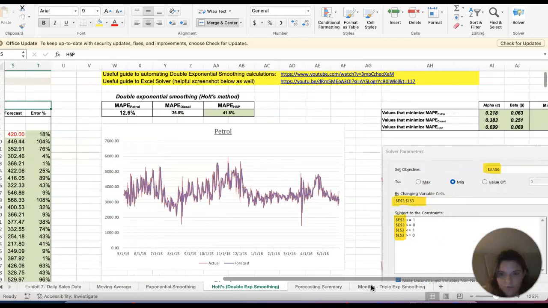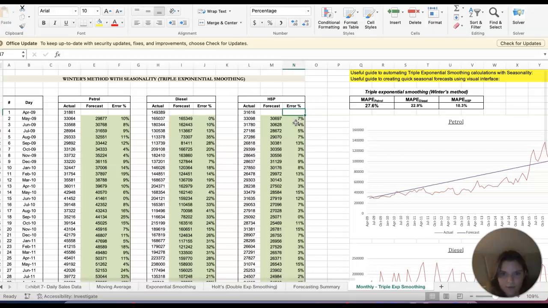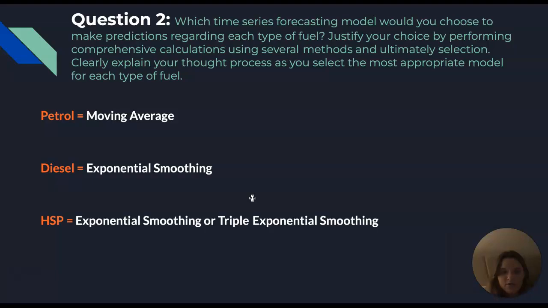And also, if you wanted to use this one, their error is so small here compared to diesel and petrol. So that was kind of my thought process on that one, just by looking at my Excel file. I think they all could work the same, but also for HSP, it was one of the highest ones.